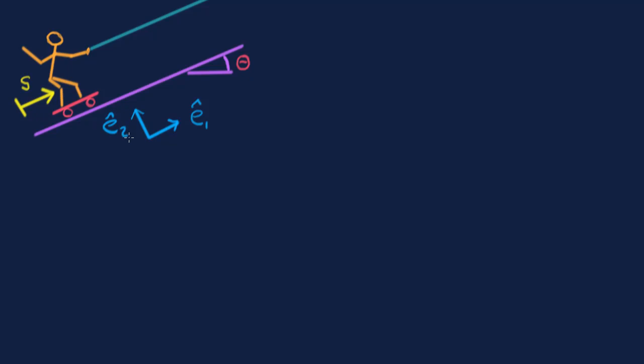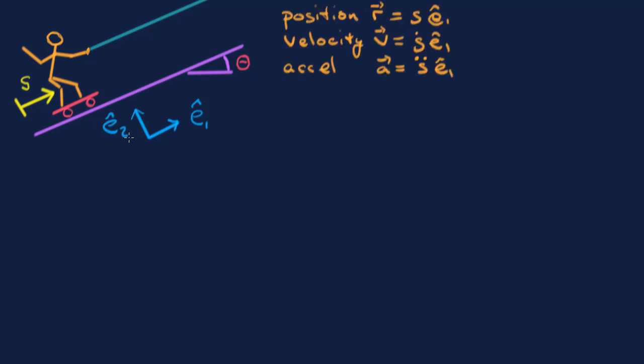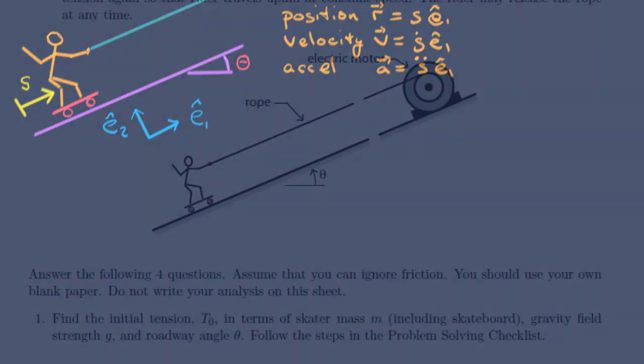These vectors are defined tangent and perpendicular, respectively, relative to the slope that the skater is being towed up. Now, with these defined, I can write the position, velocity, and acceleration of the rider as s in the e hat 1 direction, s dot in the e hat 1 direction, and s double dot in the e hat 1 direction, respectively.